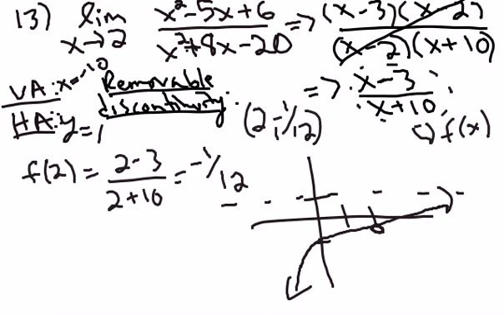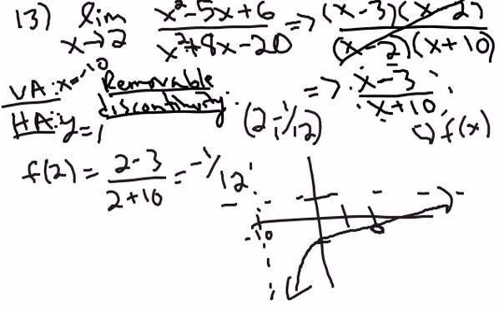We had a vertical asymptote at negative 10, right? So you have this other part of the graph over here, but really what I care about is as you approach 2, right? As x approaches 2 here, so as I approach 2 from the left, it goes to negative 1/12. And as I approach it from the right, it also approaches negative 1/12.